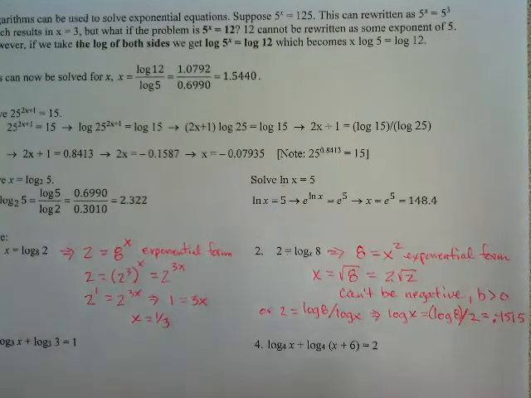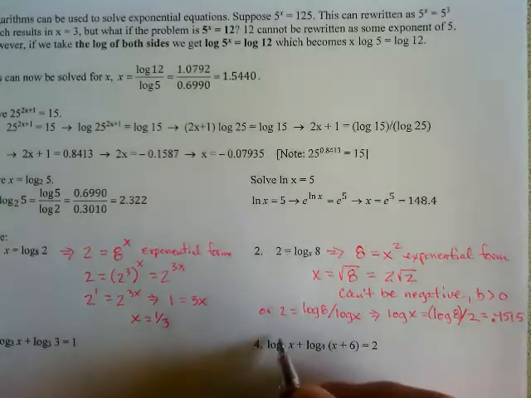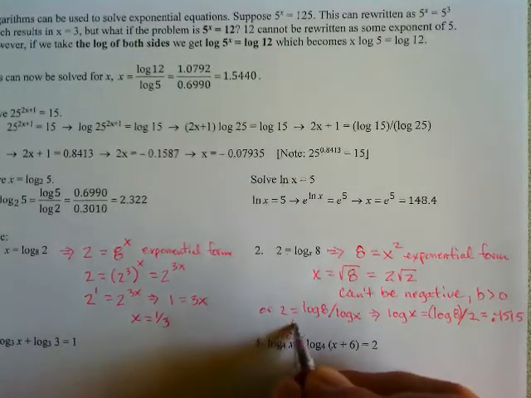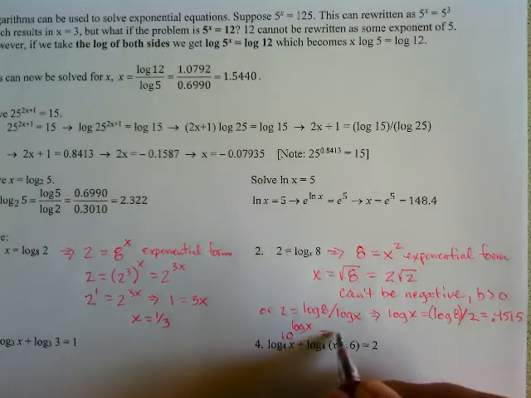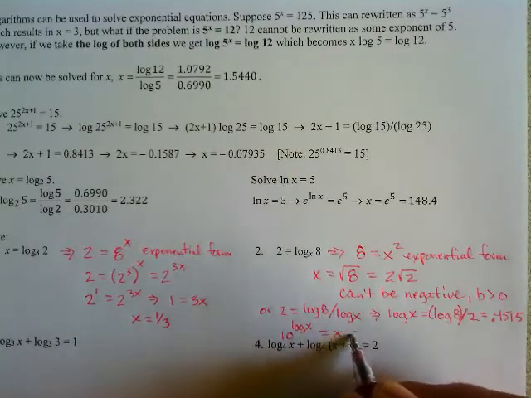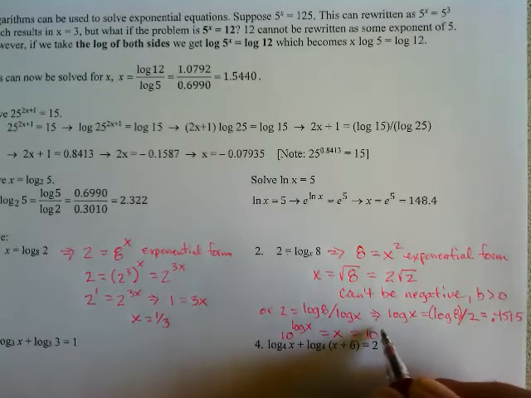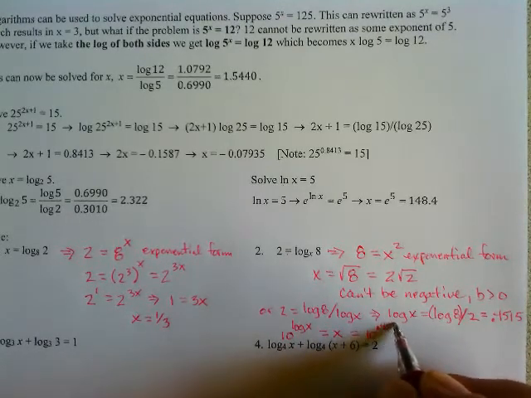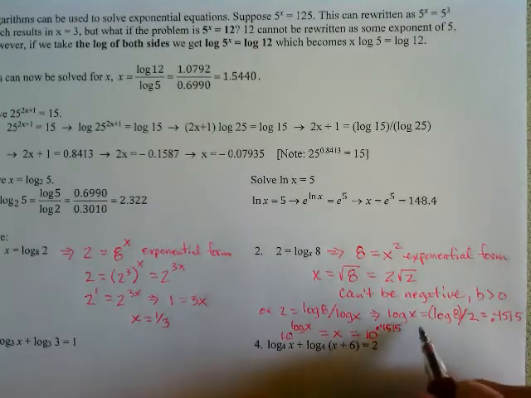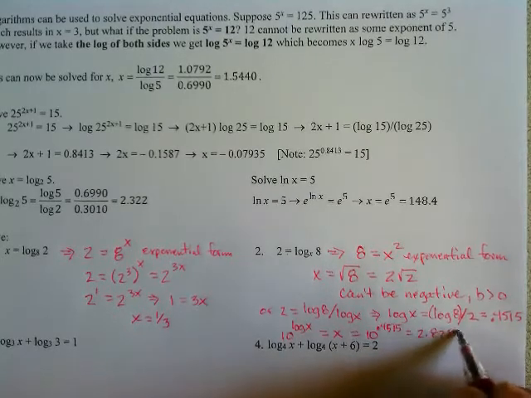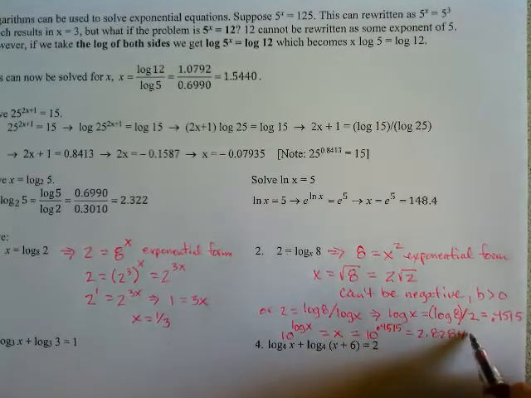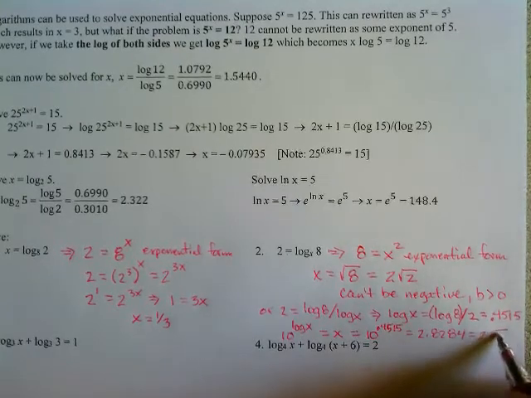And then remember that log is base 10, and so the inverse is 10 to the x. And so if I go 10 to the log x, which will equal x, that has to also equal 10 to the 0.4515, which equals 2.8284, which is the same thing as 2 root 2.